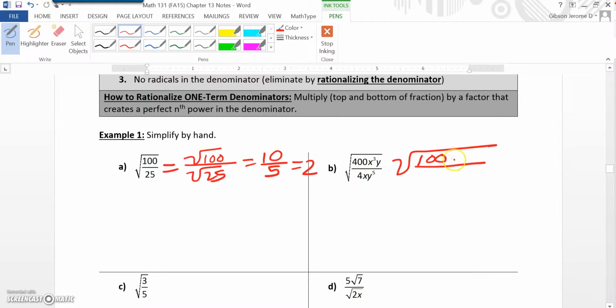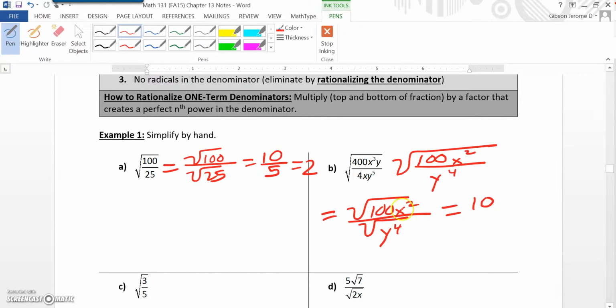X cubed divided by x will give us x squared in our numerator. Y over y to the 5th will give us y to the 4th in our denominator. So now we can break up this square root. It would be the square root of 100 x squared over the square root of y to the 4th.